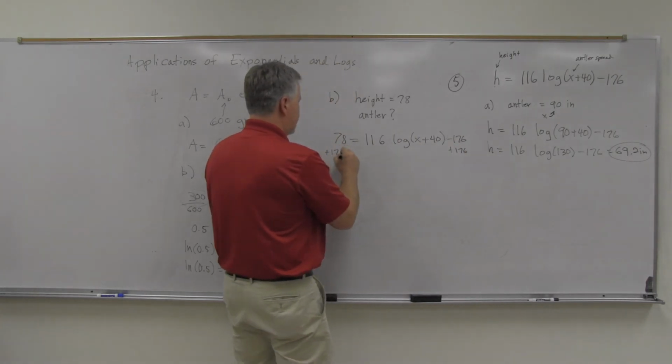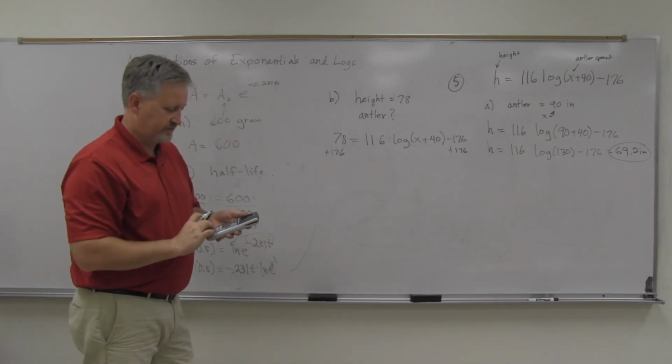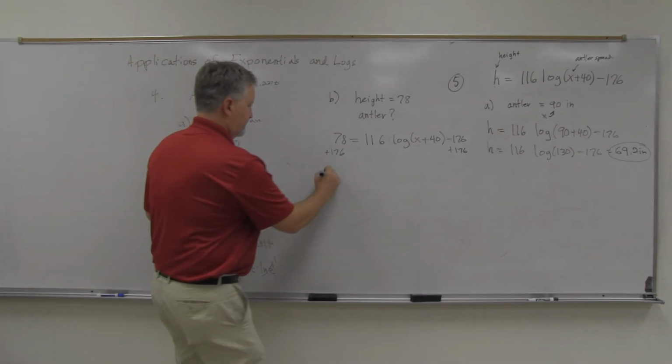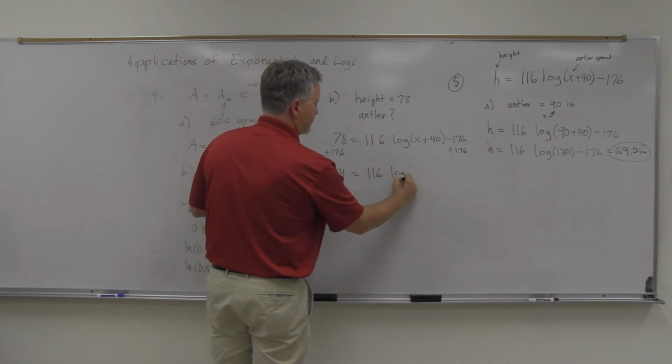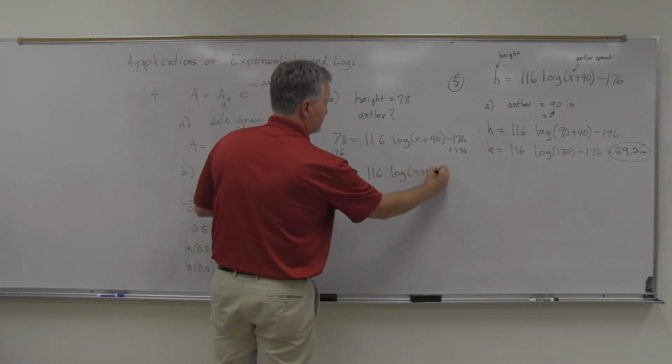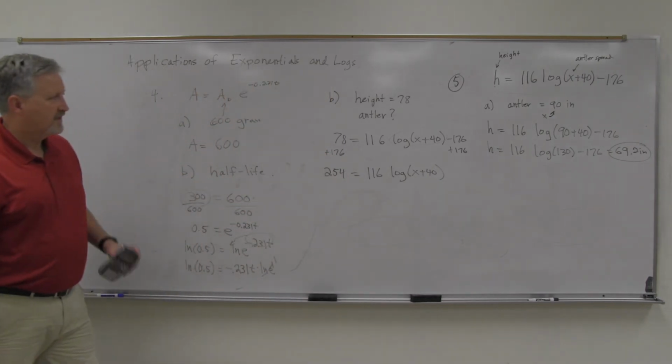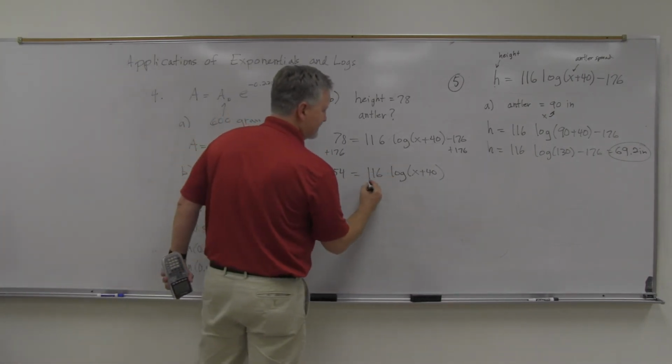So I add the 176: 78 plus 176, 254. Then I've got to get rid of that 116, so divide by 116.